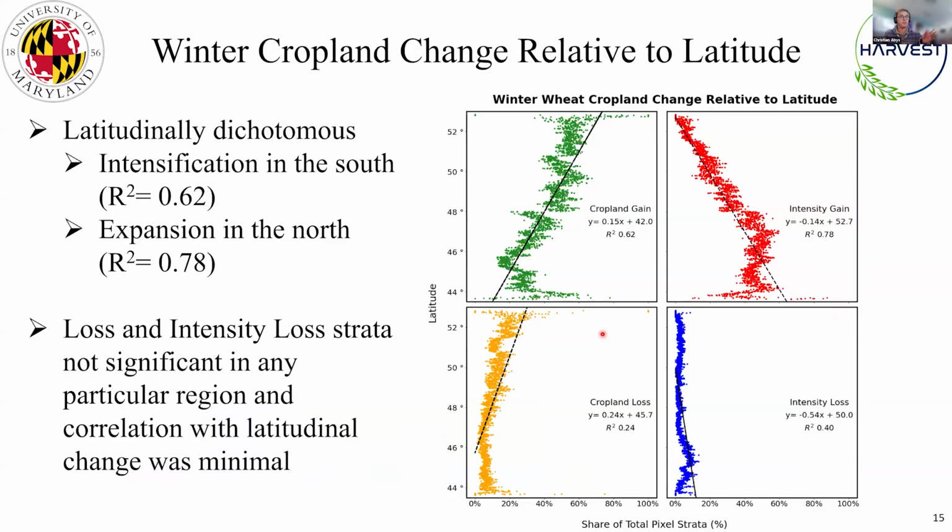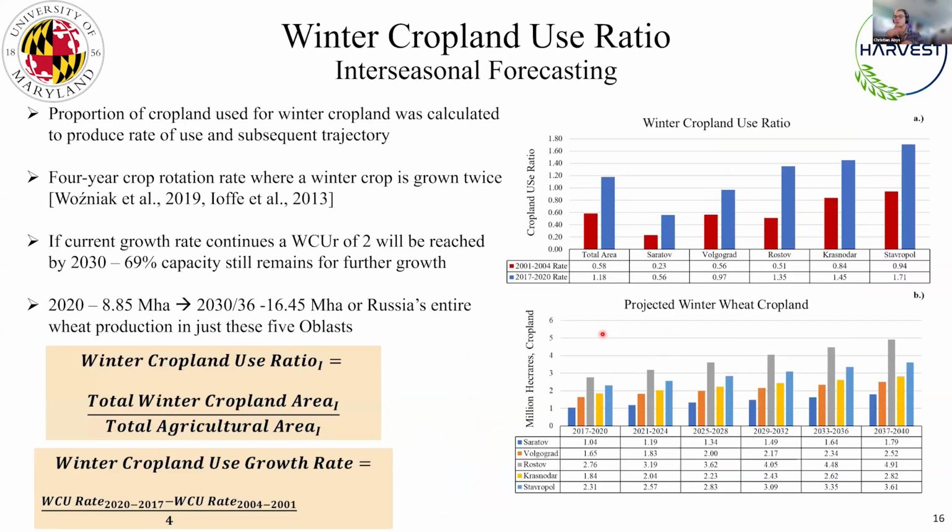So what we learned from all of this is that there's still huge capacity for growth, for intensification. Not expansion, but intensification, or increasing that cycle of growth. And it's not outside of the bounds of reality for them to do that. So they still have 69% capacity remaining for growth.